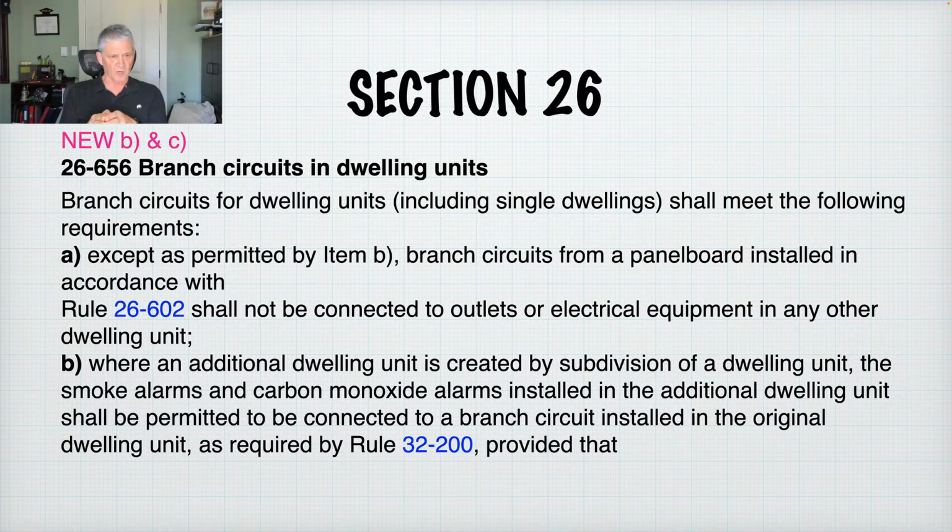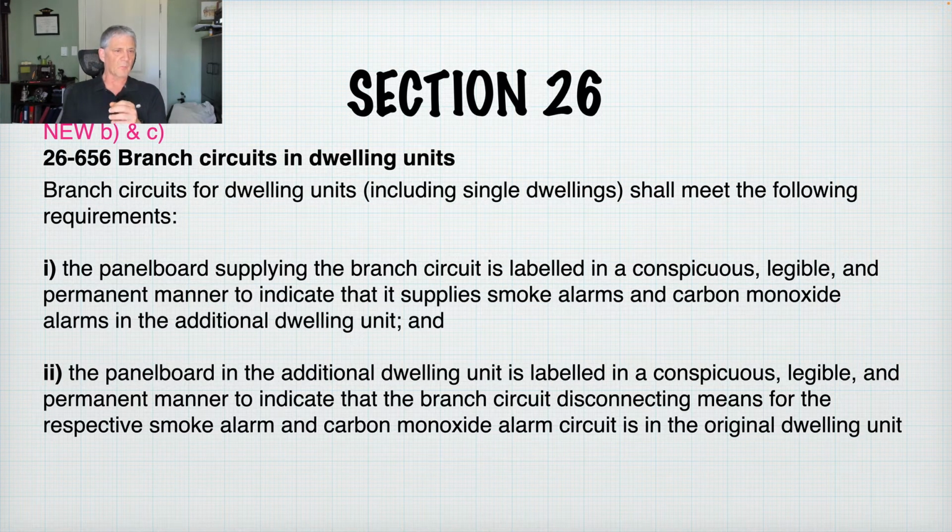The smoke alarms and carbon monoxide alarms installed in the additional dwelling unit shall be permitted to be connected to a branch circuit installed in the original dwelling unit, as required by 32-200, provided that branch circuits for dwelling units shall meet the following requirements.